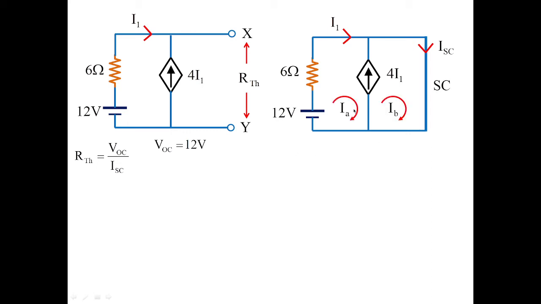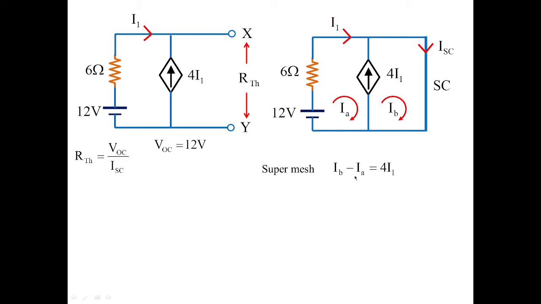Let me take the loop currents as IA and IB, where IB minus IA, according to the supermesh analysis, is equal to 4I1. You can see IB direction is along with the dependent current source direction. That's why IB minus IA is equal to 4I1.